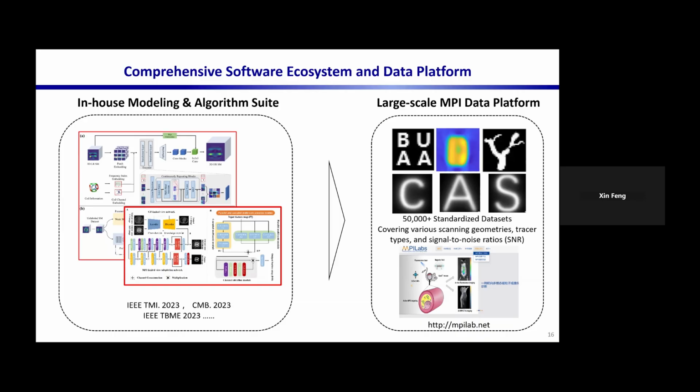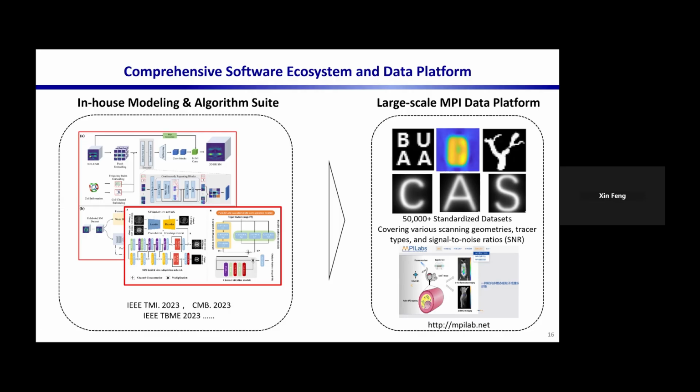Well, hardware is important and software is also very important. So alongside our hardware development, we have also focused on creating a robust suite of reconstruction algorithms. As mentioned earlier, measuring the system matrix is incredibly labor intensive, and the resulting data is massive, which creates a significant computational burden.